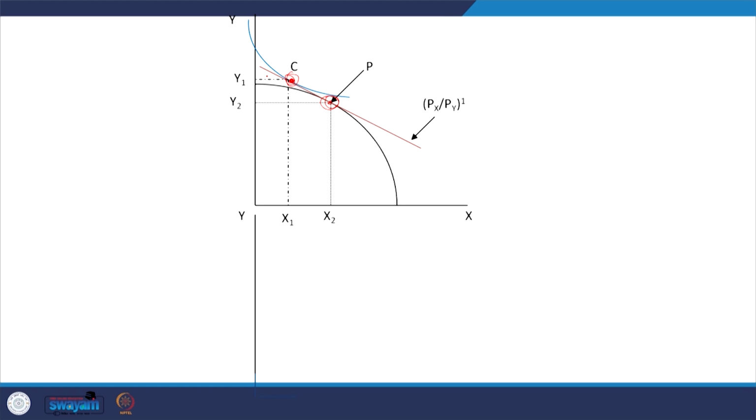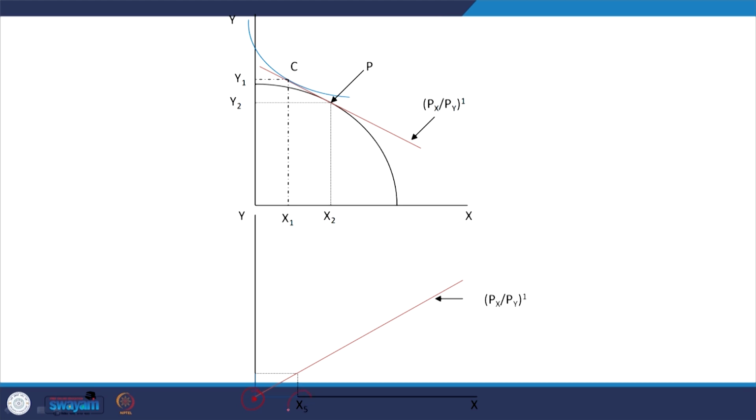So let us see the expansion path curve. Here, on another diagram, we are explaining it in terms of the expansion path ray, which starts from the origin at this corner, and this stands for Px by Py. After trade these points get changed.